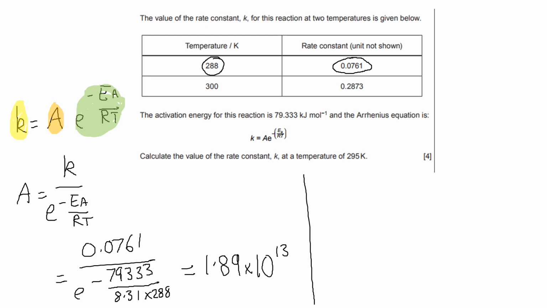So we'd say that k equals the 1.89 times 10 to the power of 13, but remember, leave it in your calculator if you can, times e to the minus, the activation energy hasn't changed, it's still 79,333. The gas constant hasn't changed, 8.31, but the temperature is now 295.